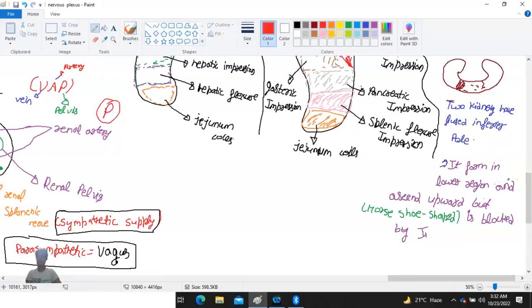We write here inferior mesenteric artery. This artery is like this, it blocks it. This is IMA.